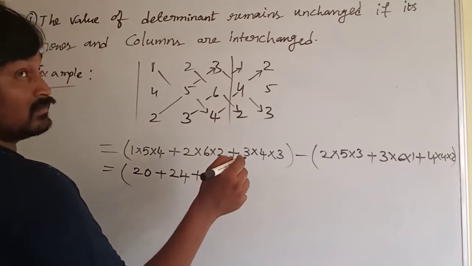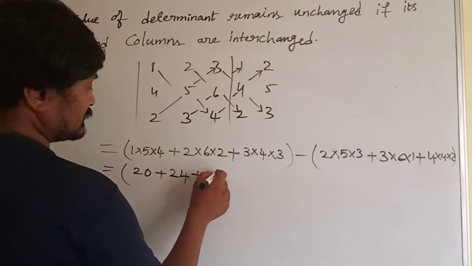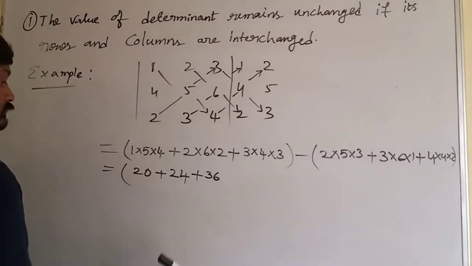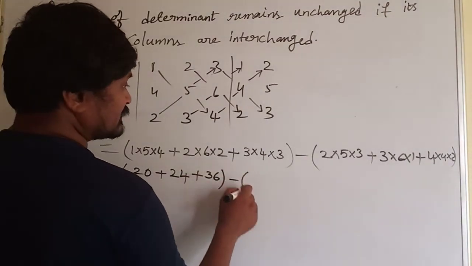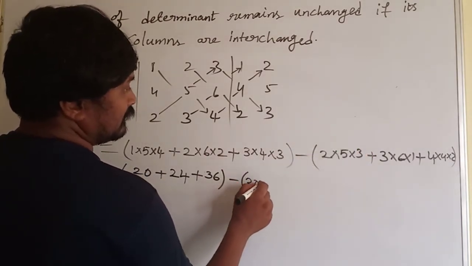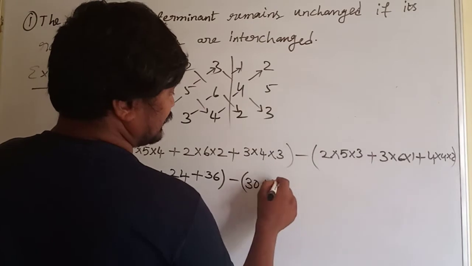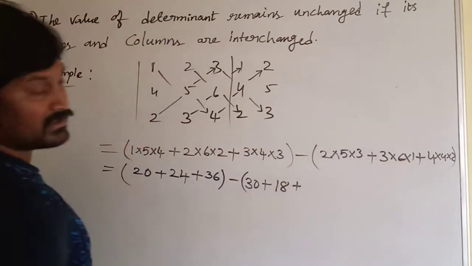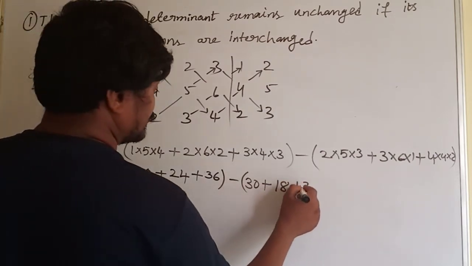So 12 3s are how much? 36. Then minus 2 5s are 10, 10 into 3 is 30, plus 3 6s are 18, plus 4 4s are 16, 16 2s are 32.